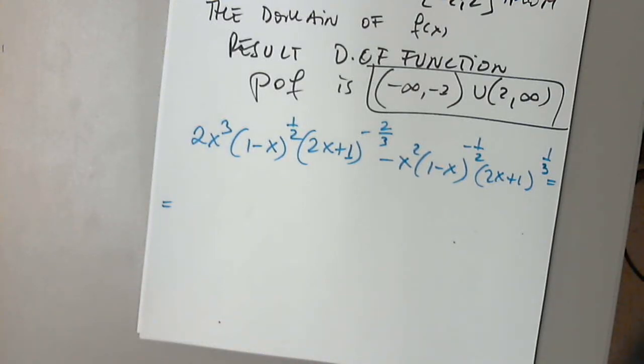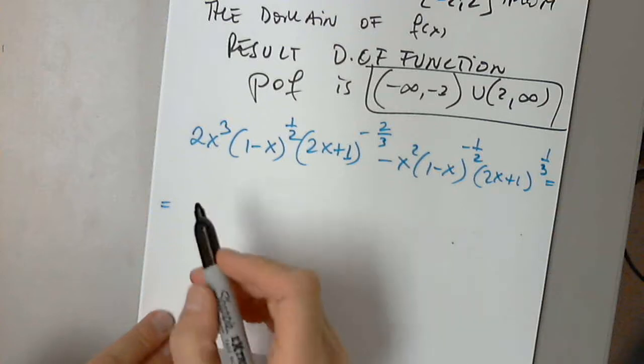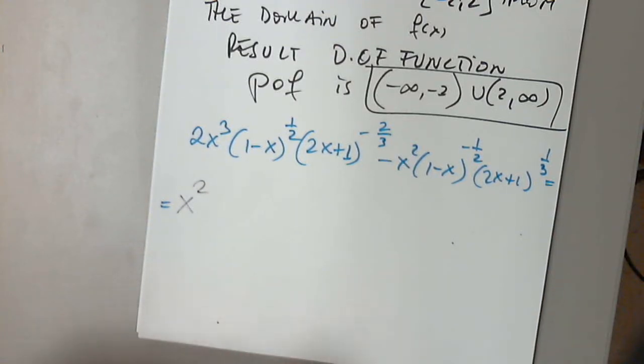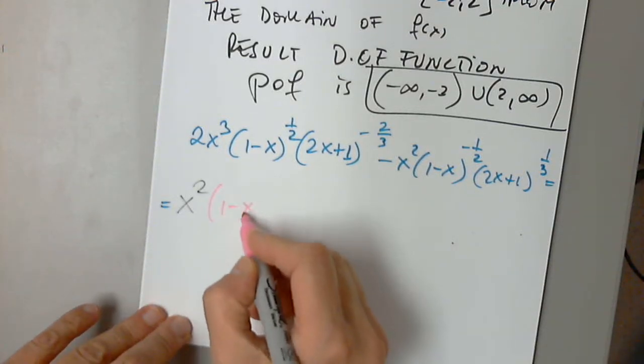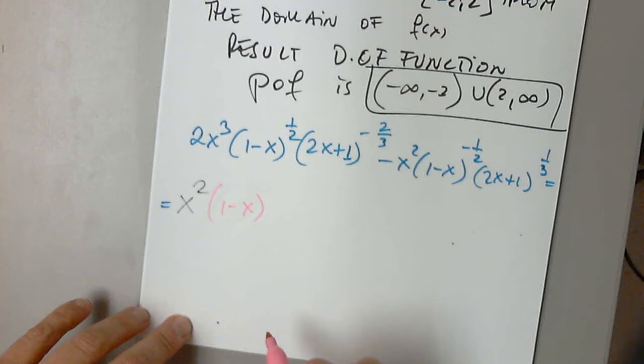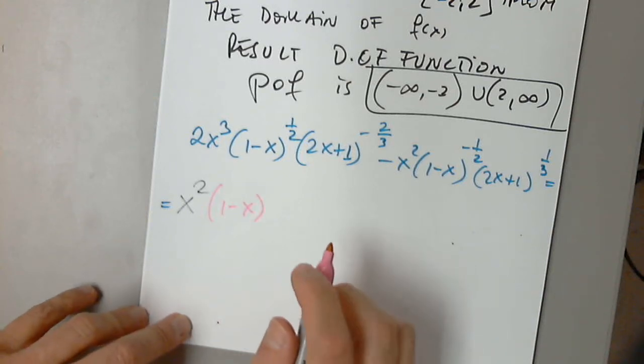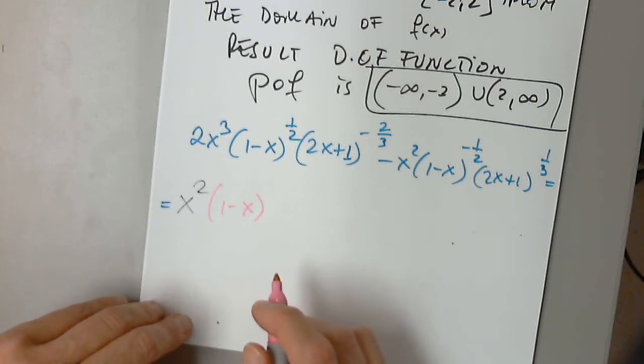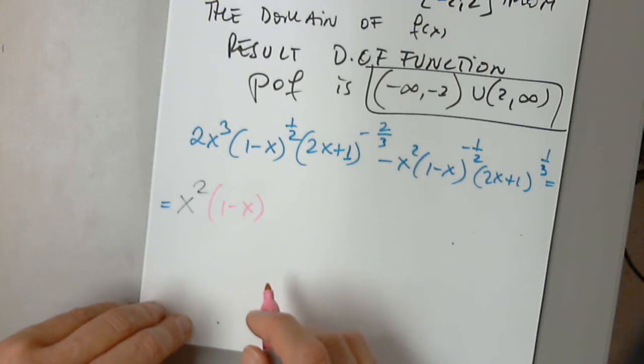Okay, how many terms we see here? Very good, awesome. And what do they have in common? They have x squared, yes. What else? 1 minus x. They do have 1 minus x, and let's discuss which power. Which one? 1/2.